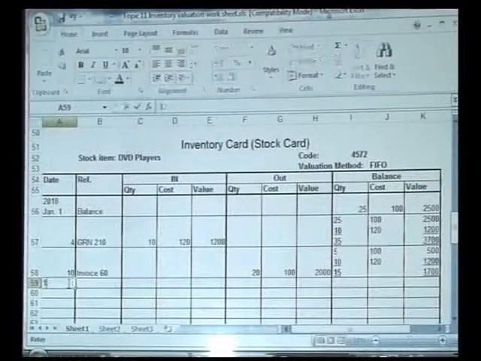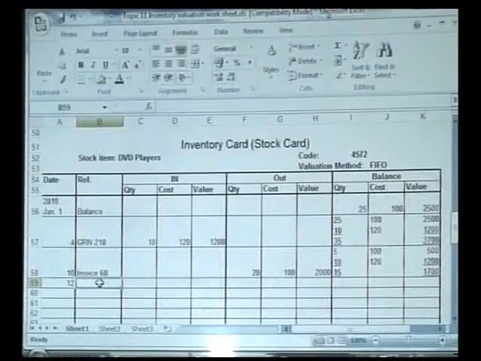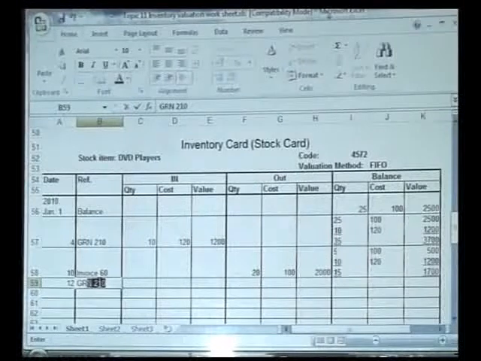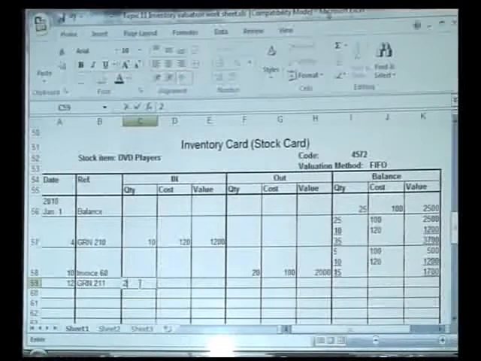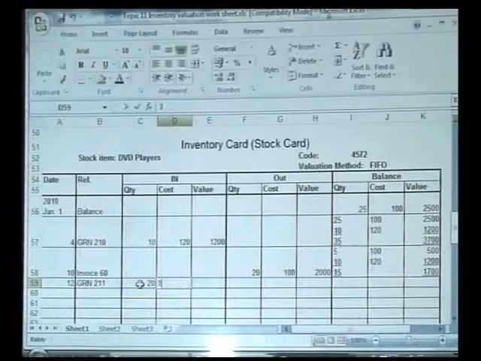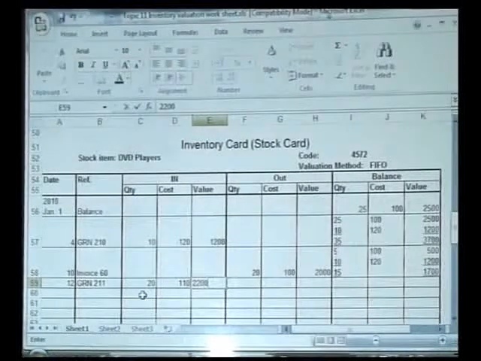Then on the 12th, what happened? Purchased. Purchase means GRN 211, number of items purchased 20 at 110, a different price, 2200 is the value.